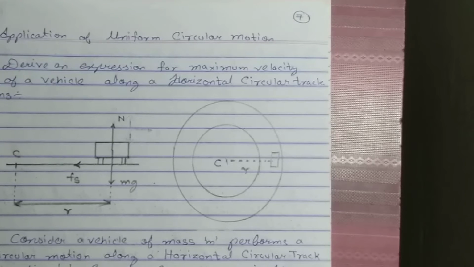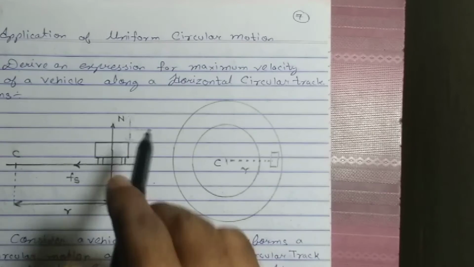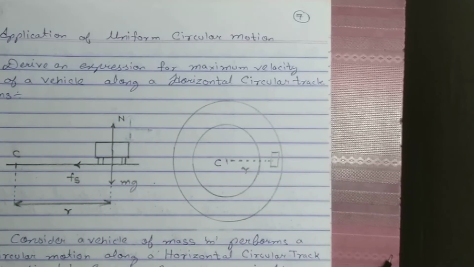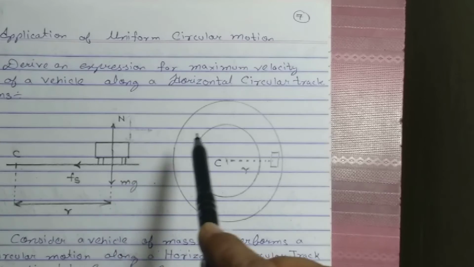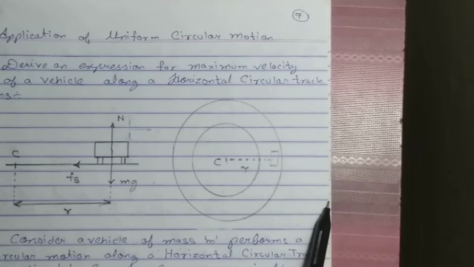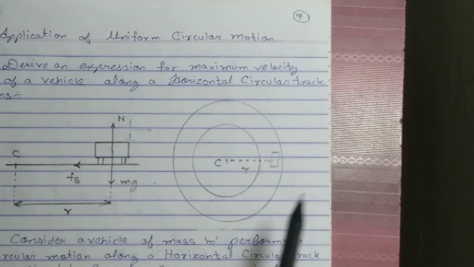Students, when the vehicle is performing circular motion along the horizontal circular track, we can observe the forces acting on the vehicle. Here we are going to consider the vehicle to be a car.